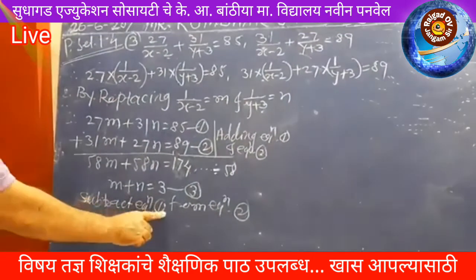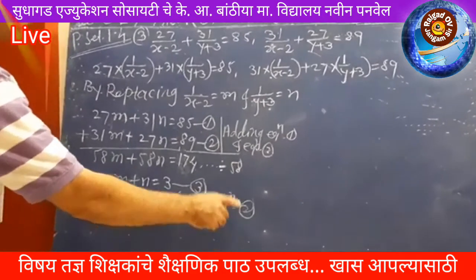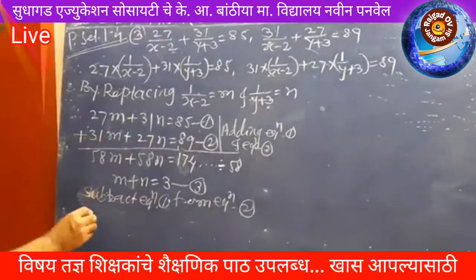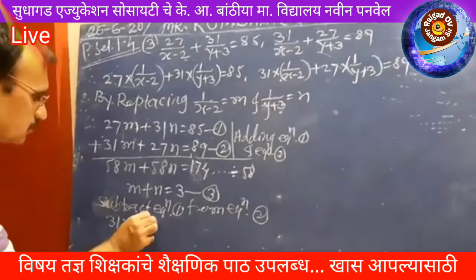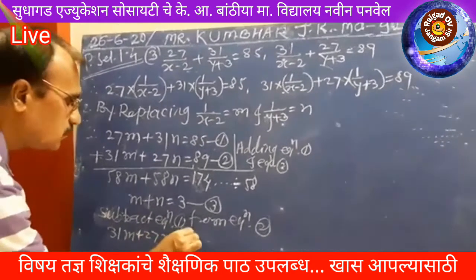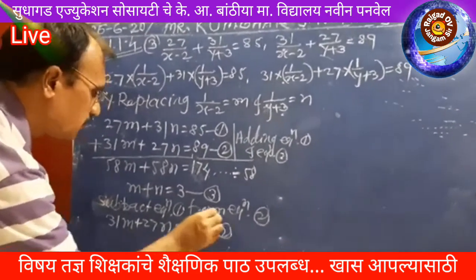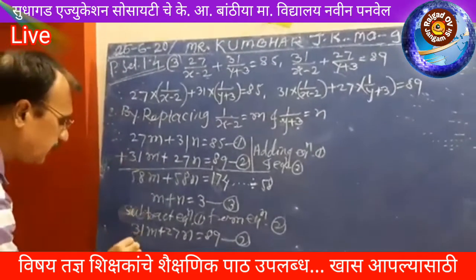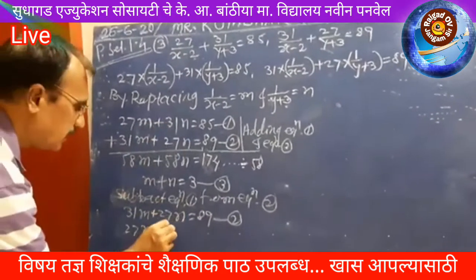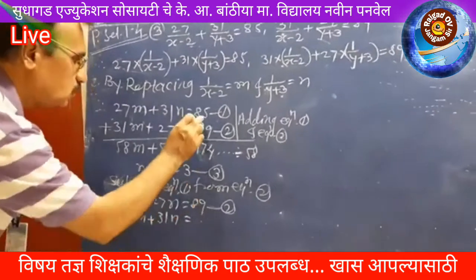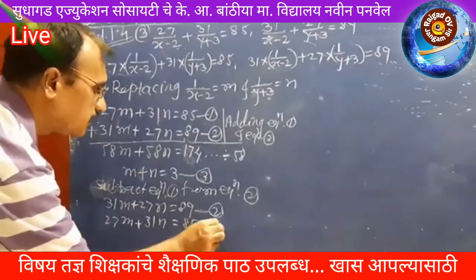Subtracting equation 1 from equation 2 means write the second equation first: 31m plus 27n is equal to 89 is equation number 2. Then 27m plus 31n is equal to 85 is equation number 1.